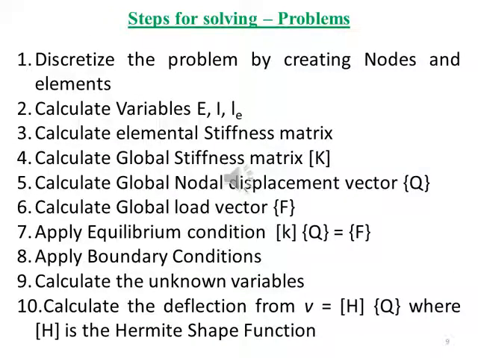So this is a step-by-step list of the exercises that you need to carry out for solving a problem. So first thing that you are supposed to do is discretize the problem by creating the nodes and the elements. So if there are 2 elements, then there will be 3 nodes. Okay, so you have to discretize the problem or break down the problem.